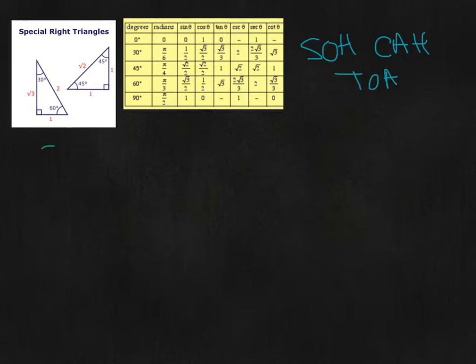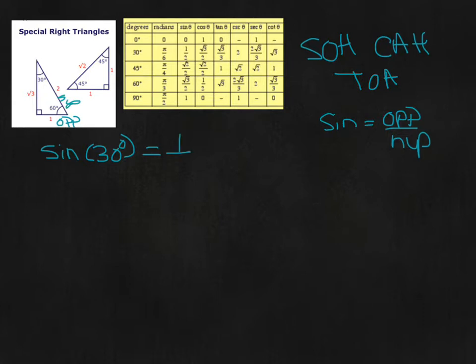So for instance, if you wanted to find the exact value of sine 30 degrees, well, we know that sine is equal to the opposite side over the hypotenuse. So if we look at the special right triangle, the 1 would represent the opposite side and the 2 would represent the hypotenuse. So therefore sine 30 degrees would be equal to 1 over 2. And if we look at our chart, sine 30 degrees is equal to 1/2.